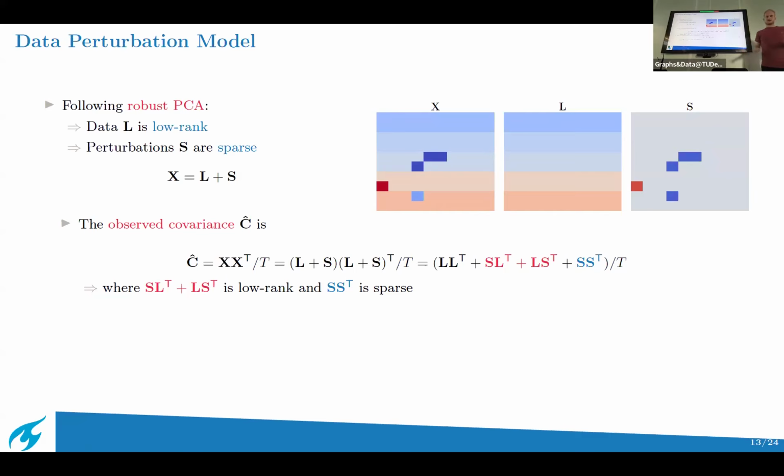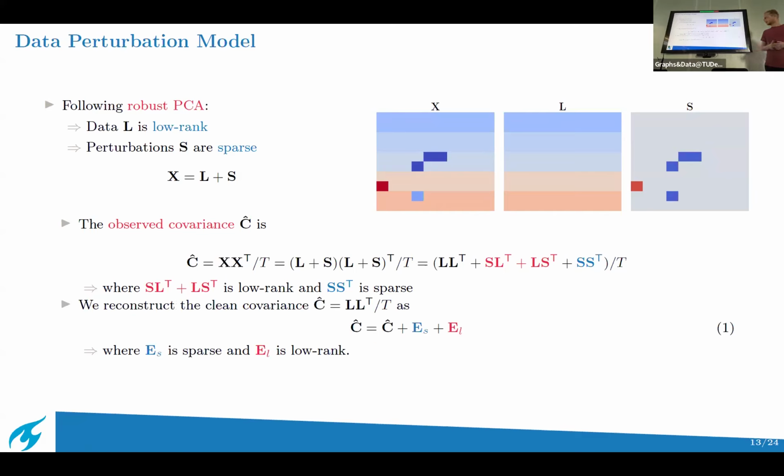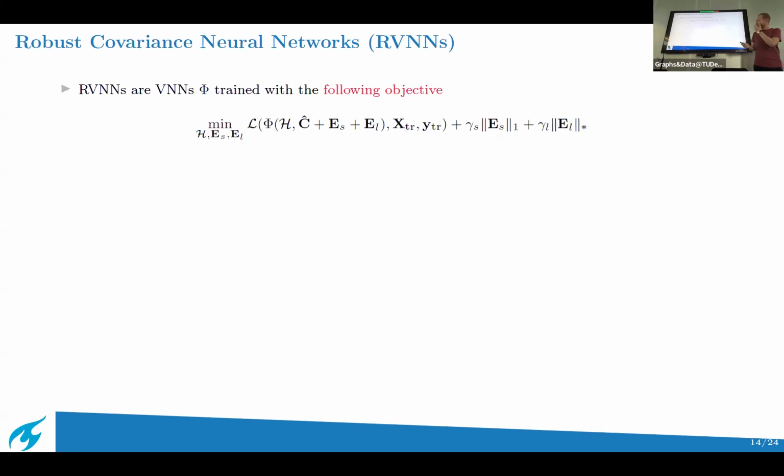So basically we can assume that our observed covariance, the sample covariance, C hat here. Yeah, this is wrong. So this would be the true covariance C. I used the wrong notation, but then it's the observed, it's the true one plus a sparse perturbation error plus low rank perturbation error. And then we use this in our VNN.